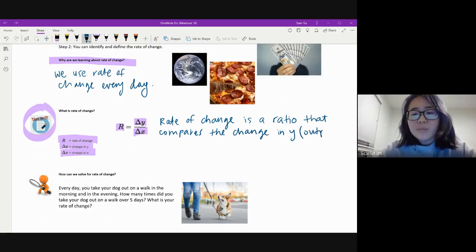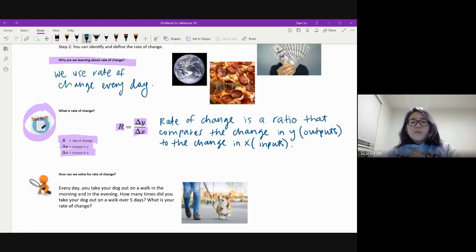So change in outputs. And so we're comparing the change in Y to the change in X, which are our inputs.